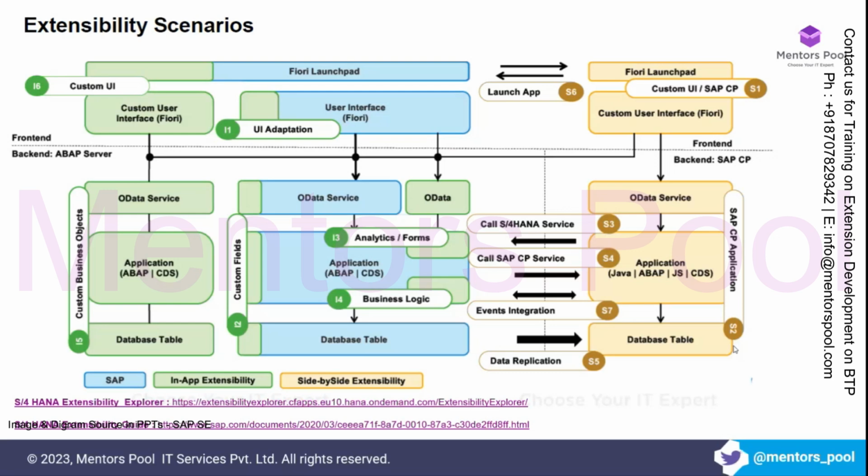So two-way communication can also be done. These are the possibilities and the places in which extensions can be made, and what kind of extensions. I'm not going into how to do these extensions because that is highly technical in nature and it cannot be done in a no-code or low-code way either.